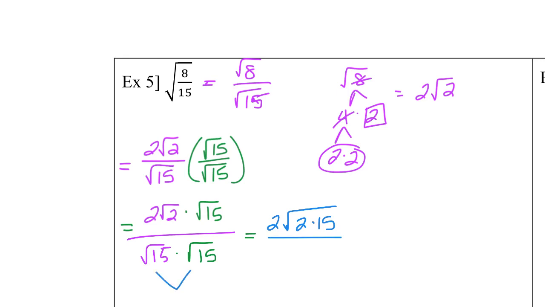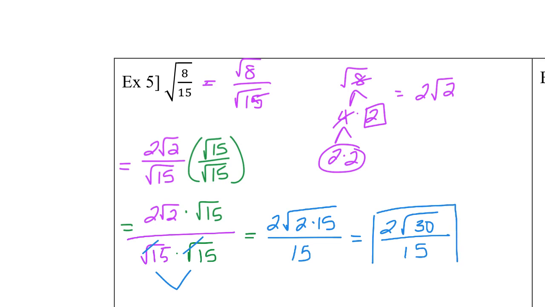Then this is what we had on the other side. Square root of 15 times itself, these square roots are going to cancel, and all you're left with is a single 15. Now, let's clean up this numerator. 2 times 15 makes 30, so 2 square root of 30 all over 15.